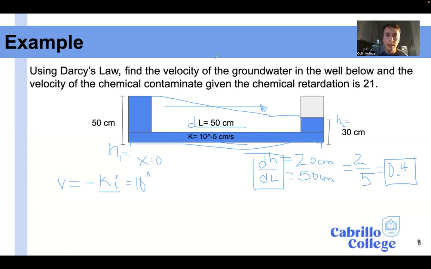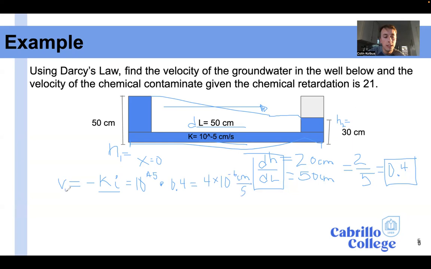And so multiply those together, 10 to the -5 times 0.4 is equivalent to 4 times 10 to the -6. 4 times 10 to the -6 centimeters per second, which feels like a slow velocity, and it probably is, but groundwater flows are concerned with really long time scales, months, years.